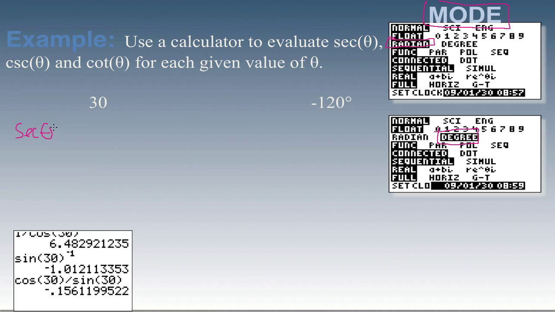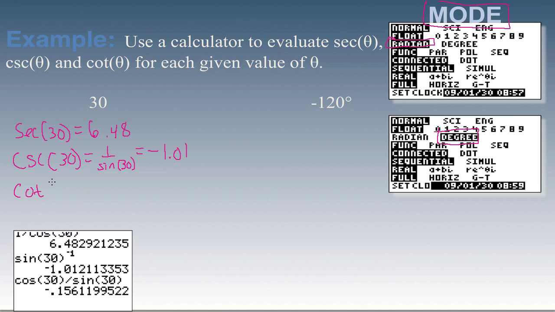Secant of 30 radians we found out was 6.48. Cosecant of 30 radians is the same as 1 over the sine of 30, and that's negative 1.01.